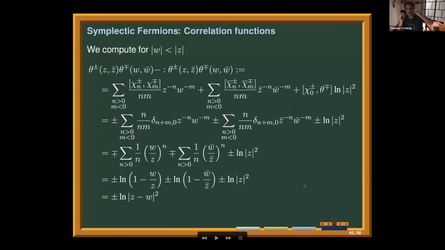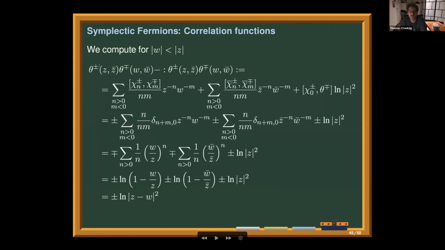And that concrete form one gets if one does a computation once, which I have here written down completely. So you want to compute the product of two generating fields, and the best way to do it is to write it as the normally ordered product plus something.